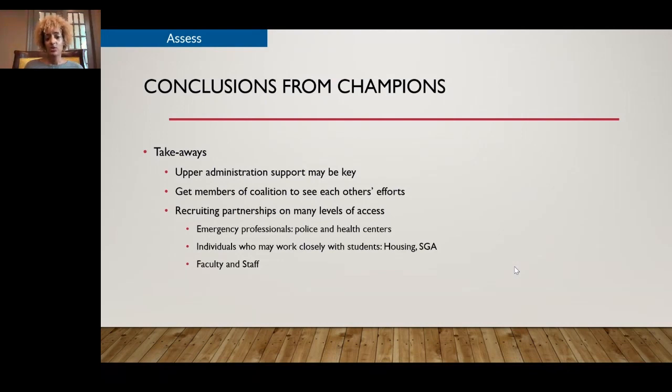We also have to make sure that we are recruiting from various sectors on our campuses and off our campuses, with people who work closely with our students, as well as emergency professionals. Some of our campuses have police on them. Some of our campus coalitions have even the dean of students. So getting those partnerships, starting them early and getting them onto your coalitions will make a big difference in the success of your coalition.